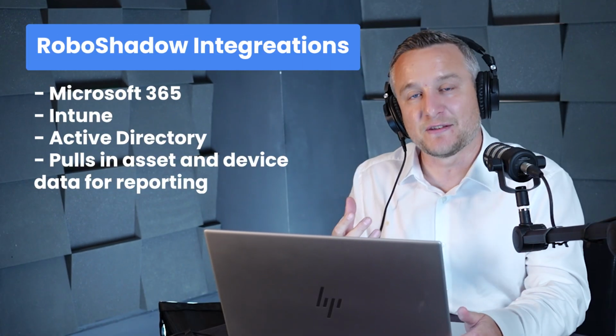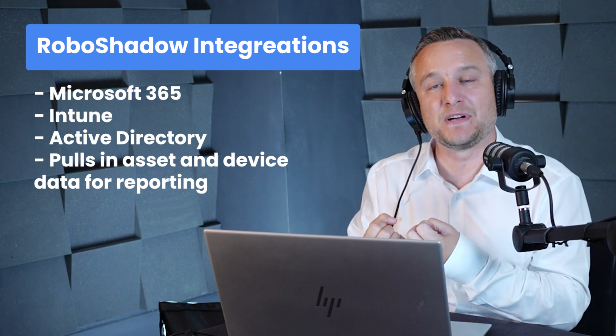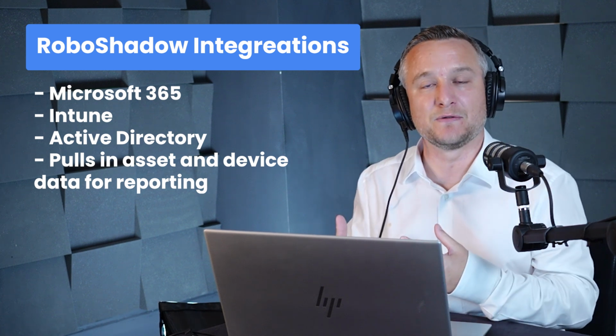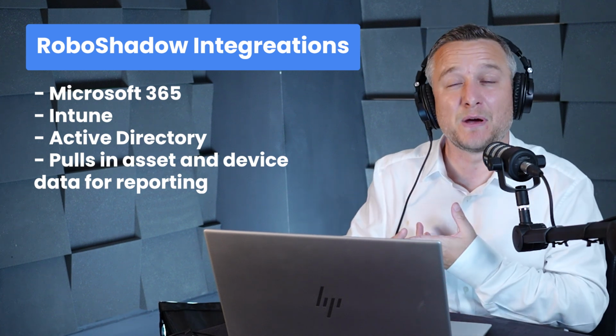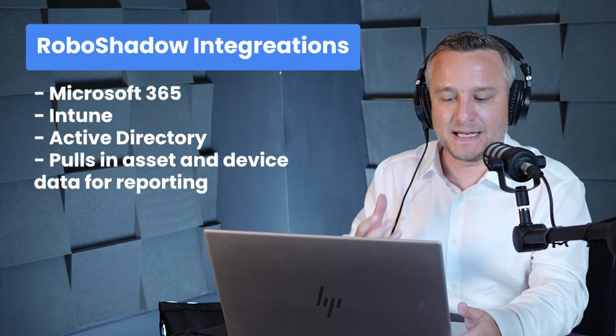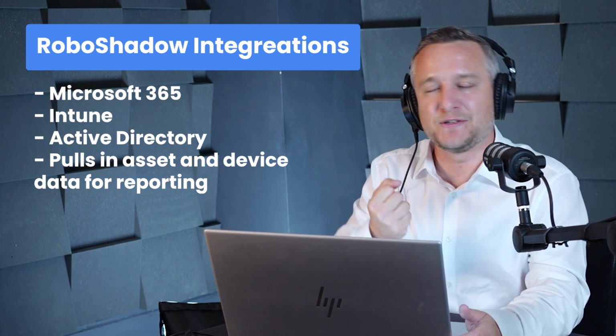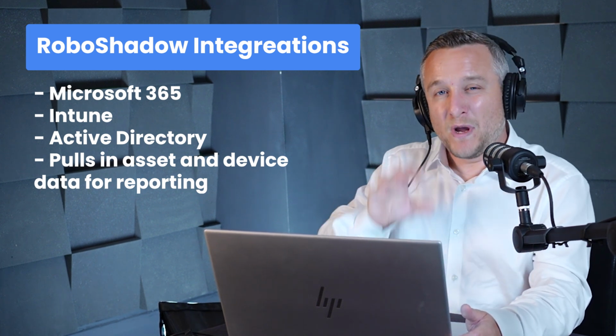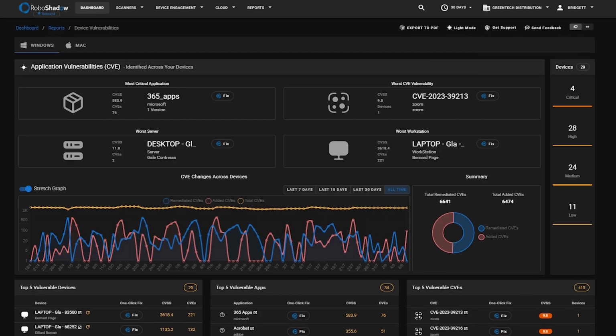And I'm just going to run through, really from a RoboShadow perspective, what the core differences are. So we plug into 365, so we will sync with 365 to reconcile your data and all of your machines. We'll also do that with on-prem Active Directory as well and Intune. We will pull in all of that Intune and 365 data. We are super quick and easy, so we are used by professionals, consultants, MSPs and enterprise teams all over the world, but RoboShadow is very quick.